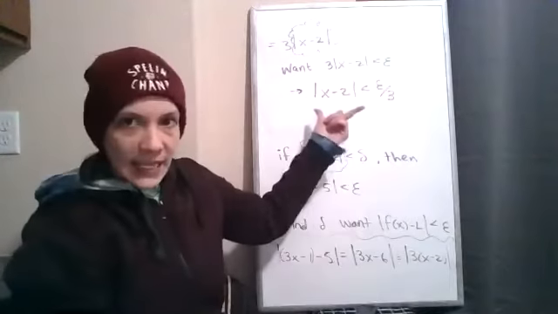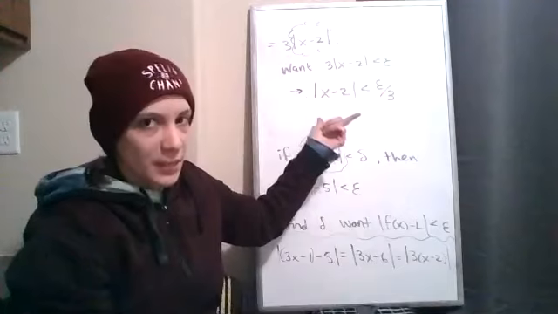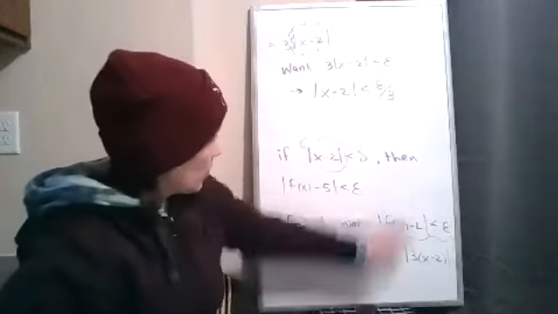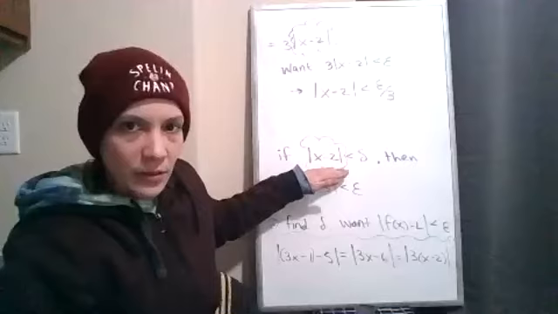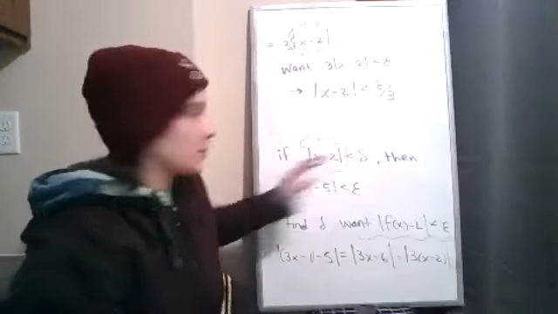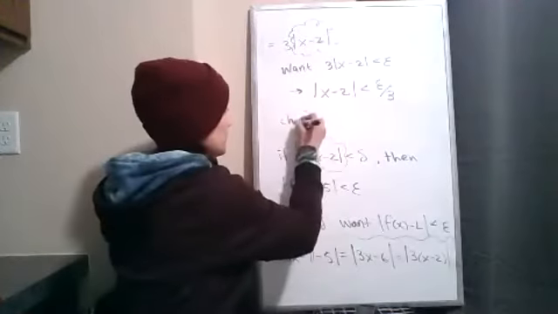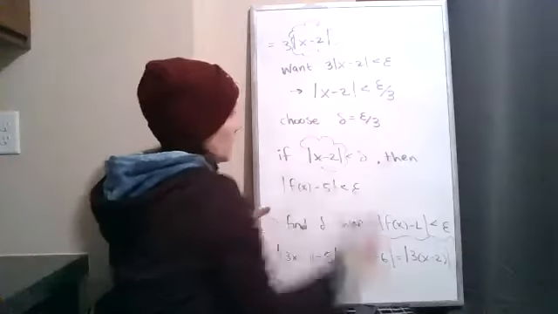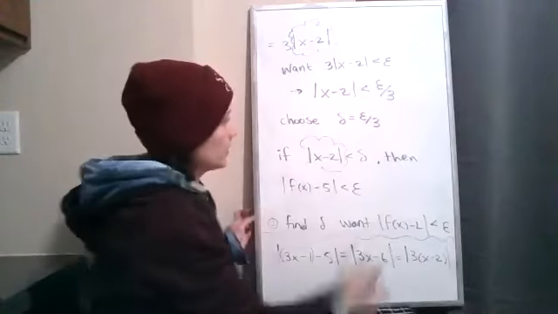Okay, so I've gotten the absolute value of x minus 2 less than epsilon over 3. And we're here, absolute value of x minus 2 less than delta, so let delta equal epsilon over 3. And then you can write the proof.